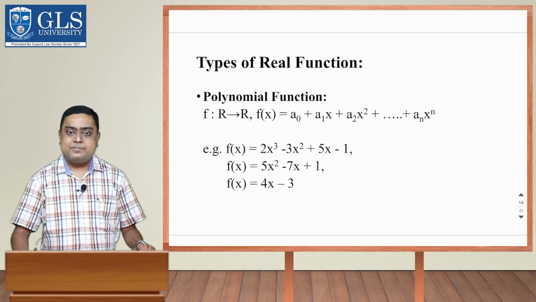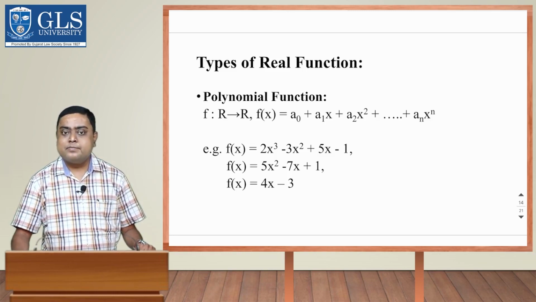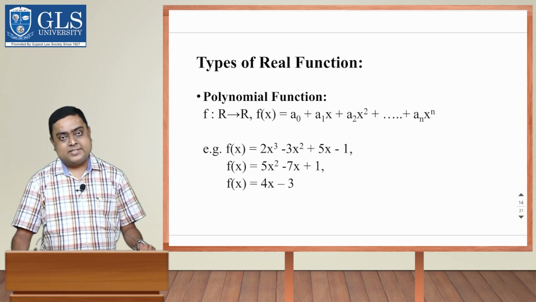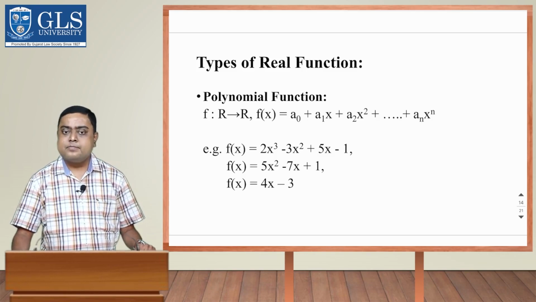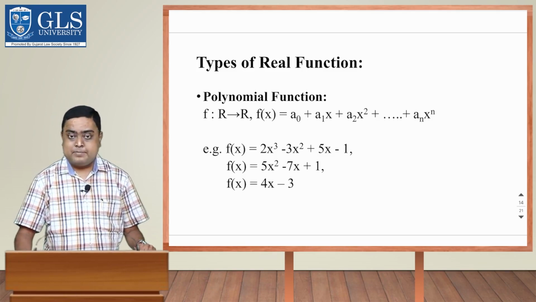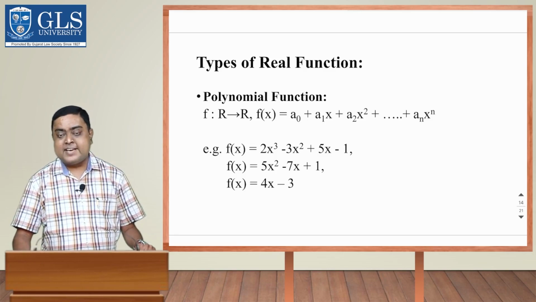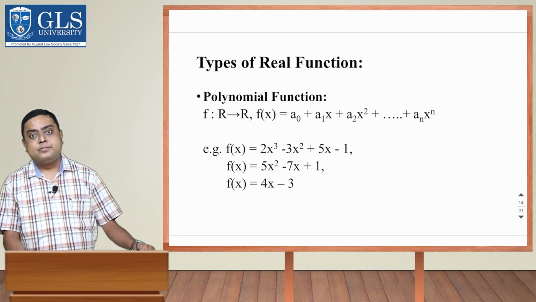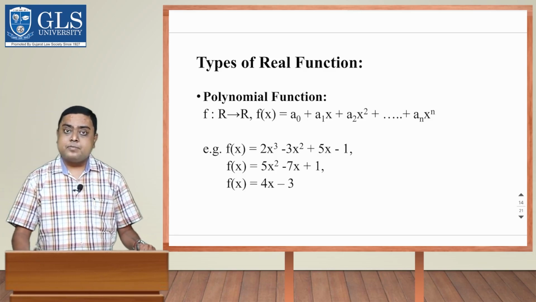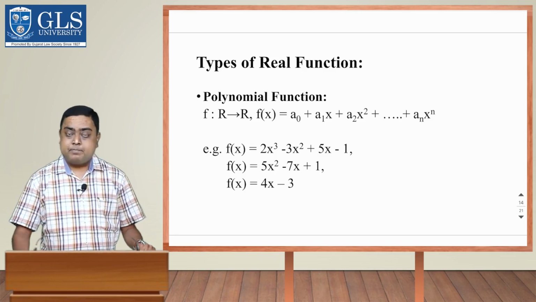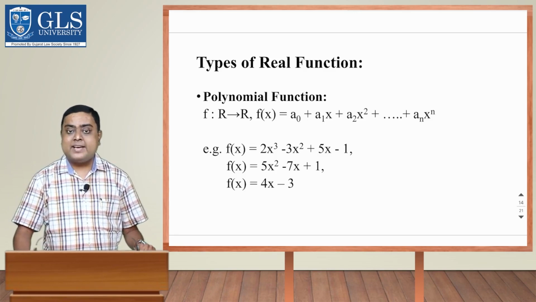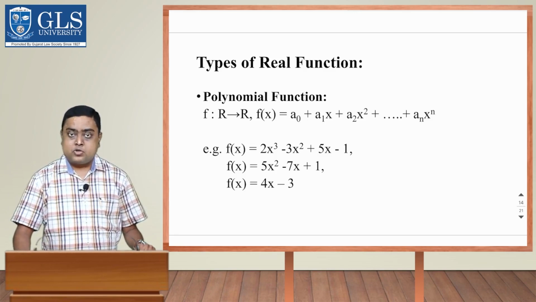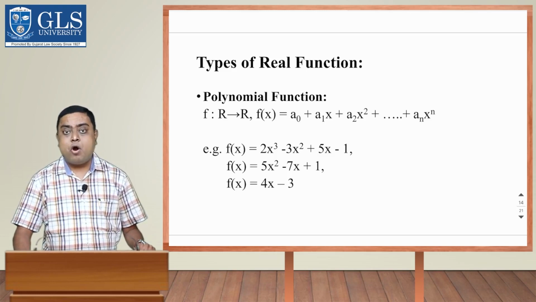Let's see some examples: 2x cube minus 3x square plus 5x minus 1, 5x square minus 7x plus 1, 4x minus 3. If you look at the first example, 2x cube minus 3x square plus 5x minus 1, in this function, if you see the power of x, the maximum power of x is 3. So I say that this is a polynomial of degree 3.